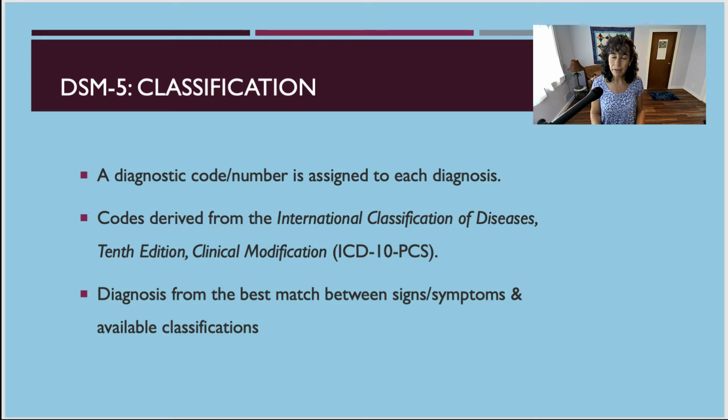And you'll hear about that because that is all of the physical diseases. And the diagnosis is from the best match between signs and symptoms and available classifications. So when we're seeing somebody or when a psychiatrist is seeing somebody, they may not fit the diagnosis exactly, but we're going to do the best match.